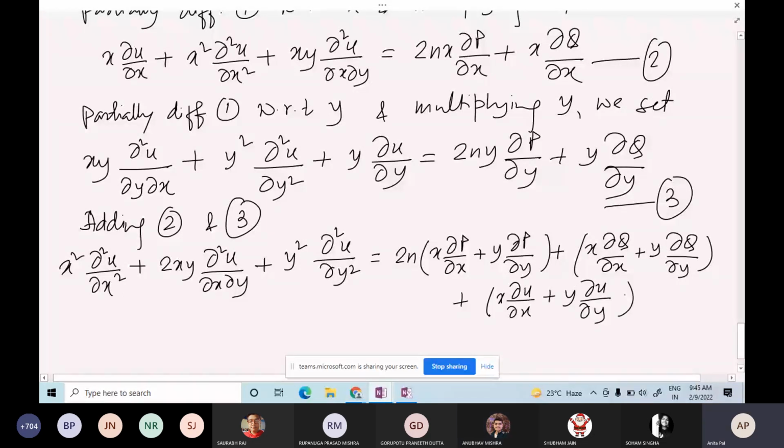These terms were in the left hand side, now brought to the right hand side, so they come with a minus sign.